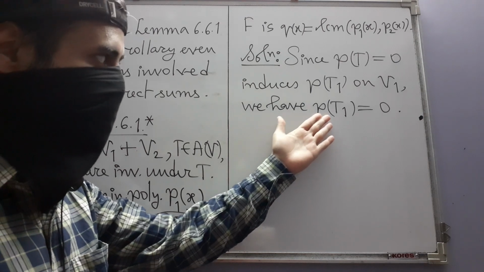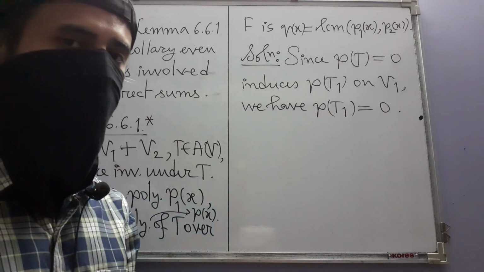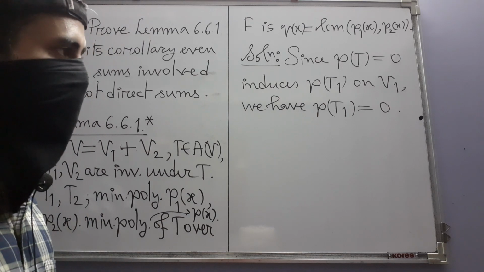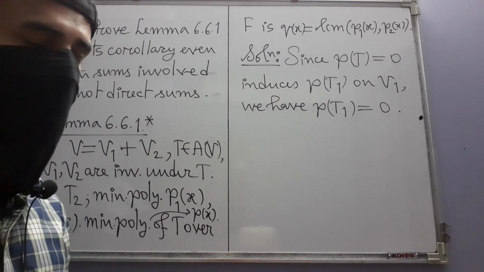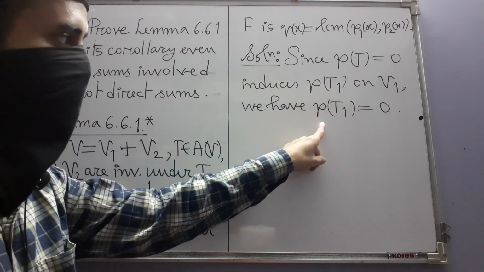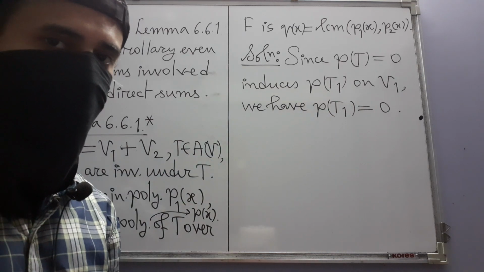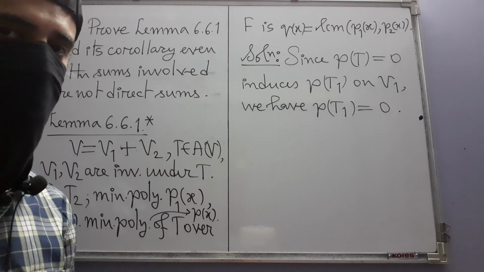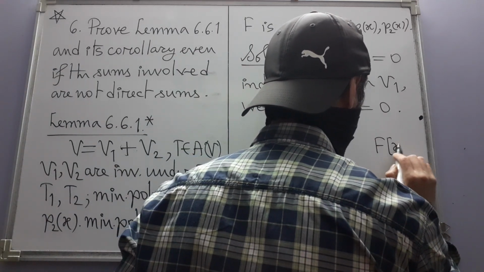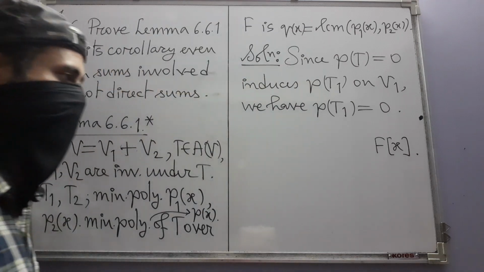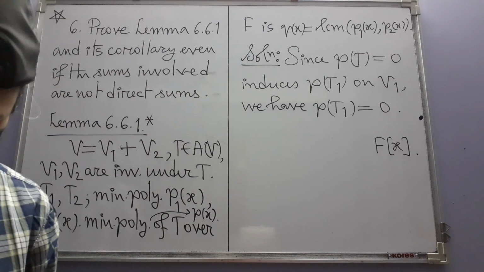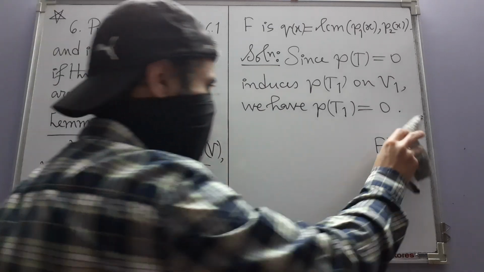So p becomes an annihilating polynomial for t1 as well. However, then what can you say? Then the minimal polynomial for t1 has to divide this annihilating polynomial, and this fact comes from the basic properties of the Euclidean ring F[x], and that's why we next write this.